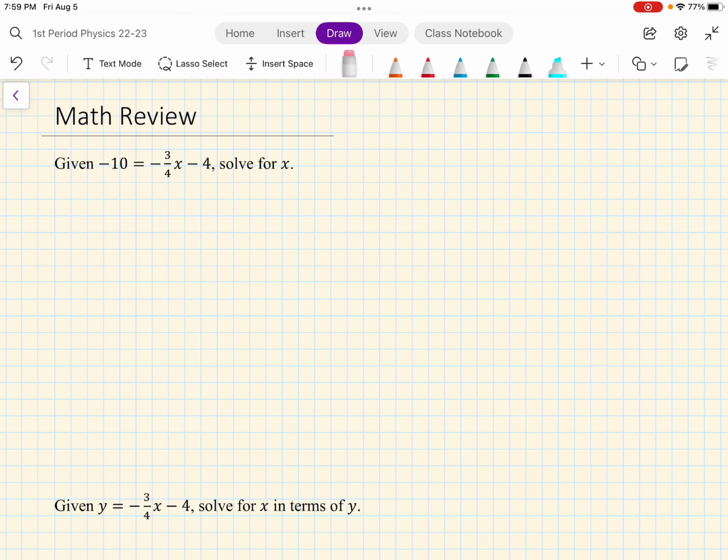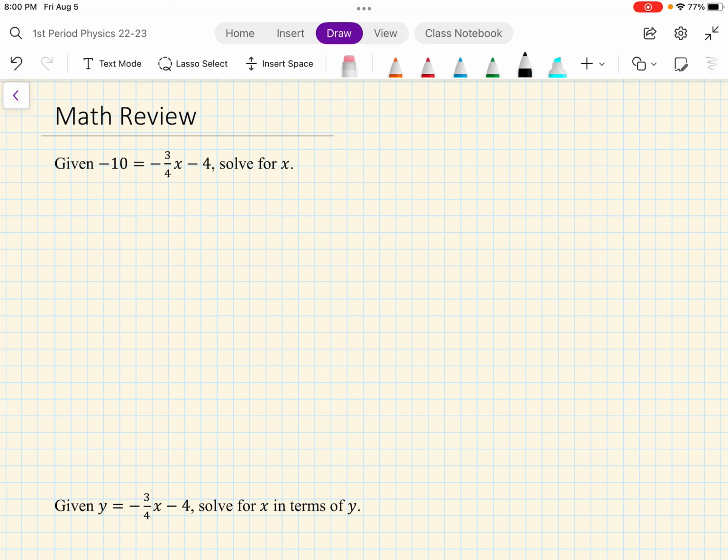And maybe you can identify this equation, which reads negative 10 is equal to negative 3 over 4 x minus 4, in the form of y equals mx plus b, which is the y-intercept form, which you guys have used since middle school, freshman year, okay? And our task is very simple, just solve for x.